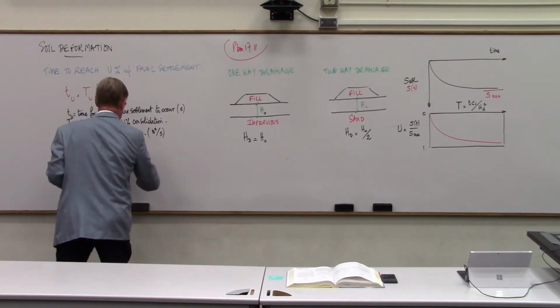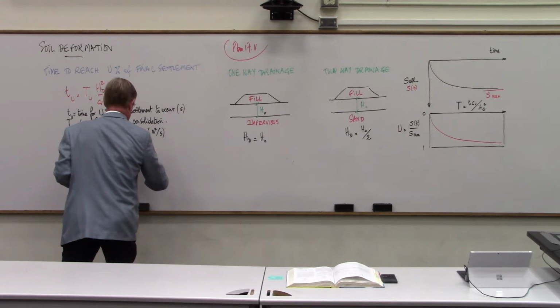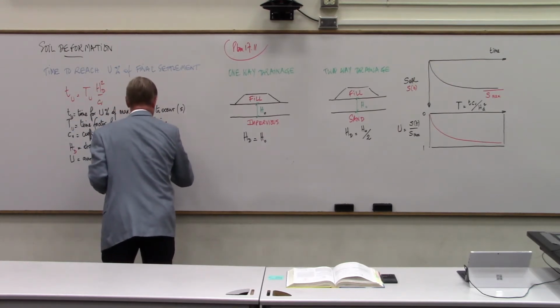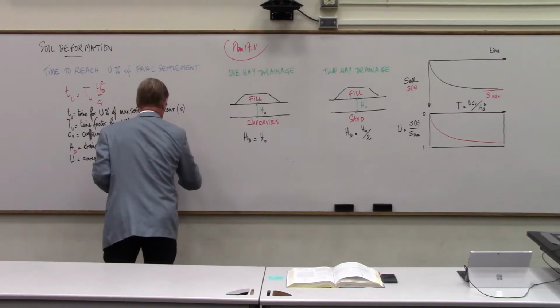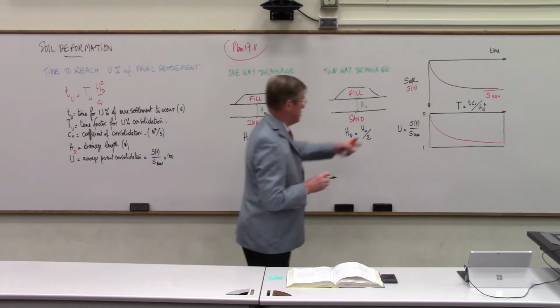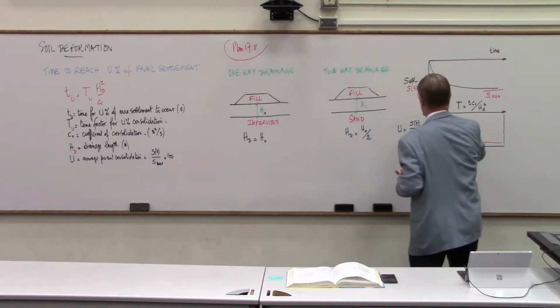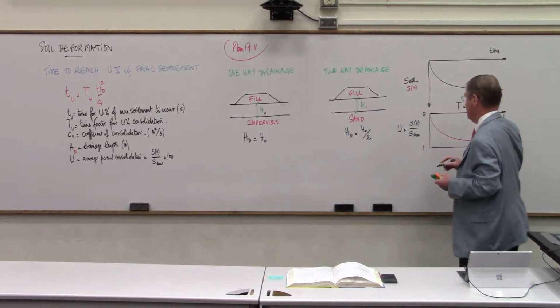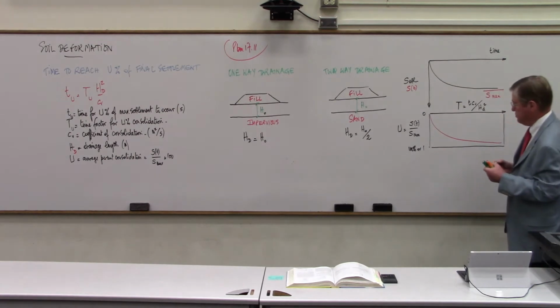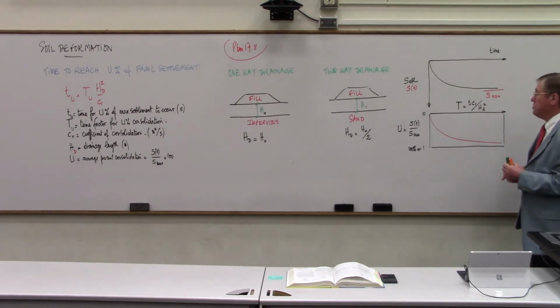In that case, we'll take it equal to the settlement at time t divided by the maximum settlement times 100, because usually when you look at the charts in the book, this U value will vary from 0 to 100%, or 0 to 1 if you just take it as a ratio.